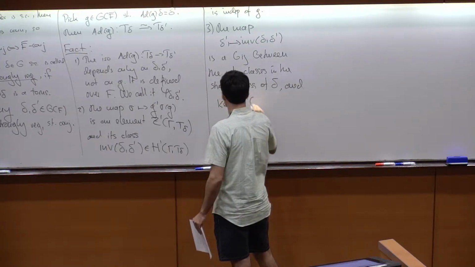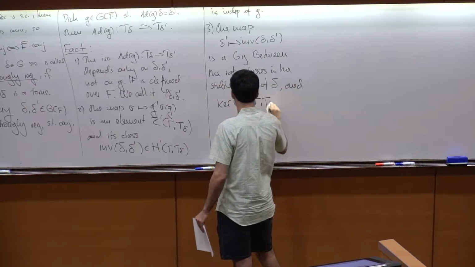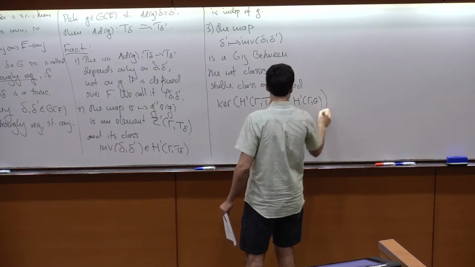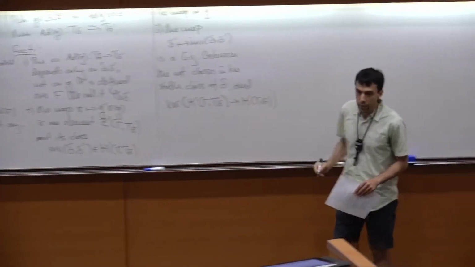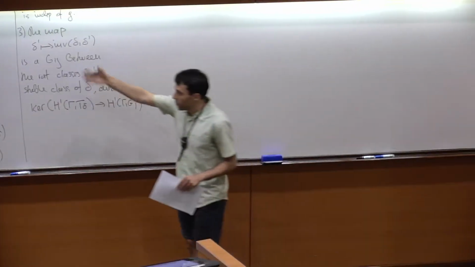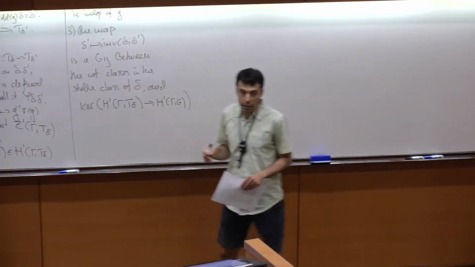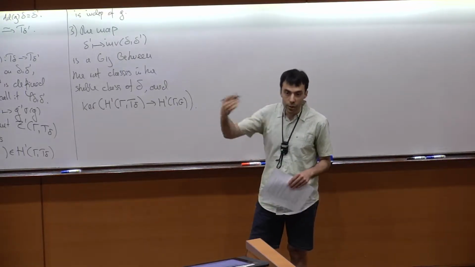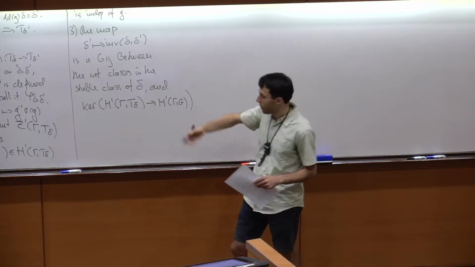You look at the kernel of the natural map from the cohomology of the centralizer to the cohomology of the group. Okay, so this procedure is what replaces in SL2 the action of GO2 of F on SL2 of F.